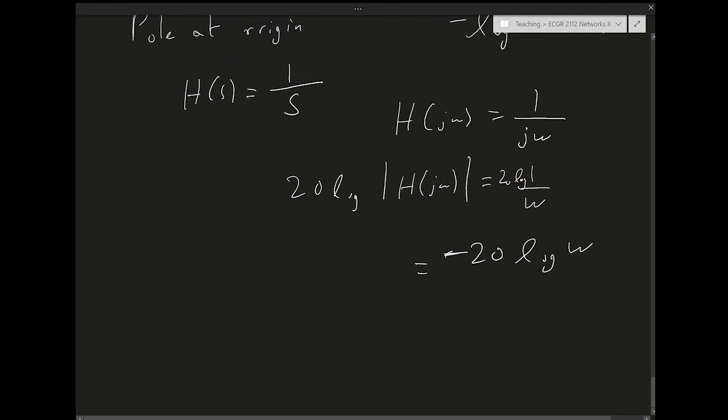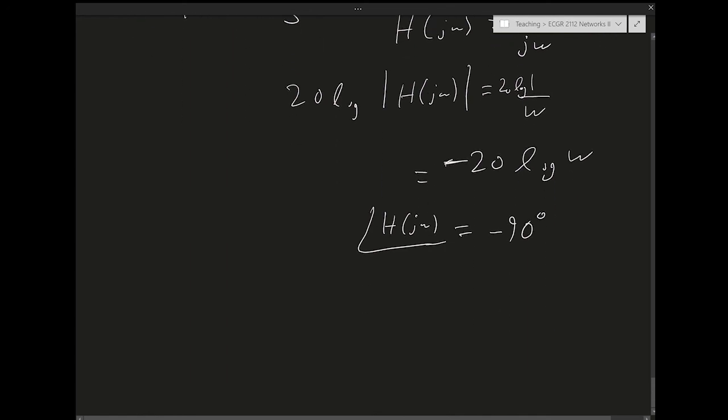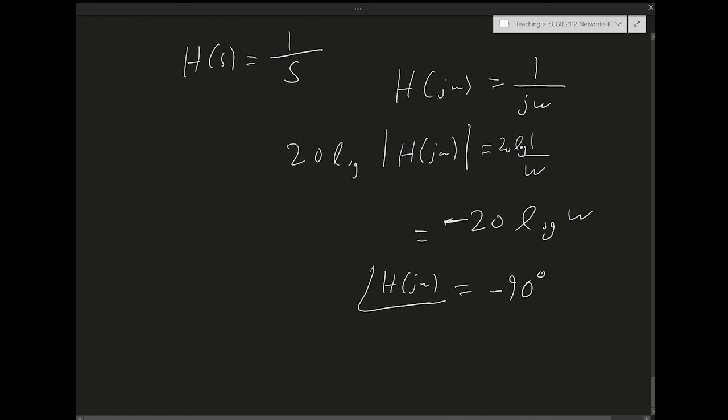So yeah, what is the angle of H(j omega)? Right, so this is 1 over j, which is minus j, which is what? What's j? It's 90, so it's minus 90 degrees. Right, minus j has an angle of minus 90 degrees. So we have all of the information that we need to do a Bode plot.